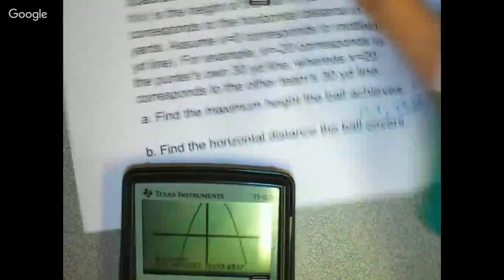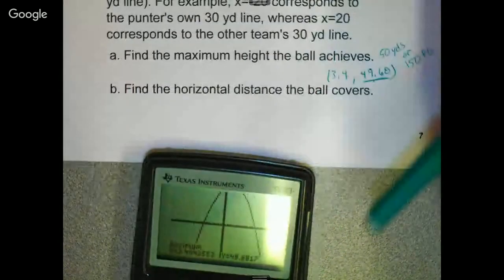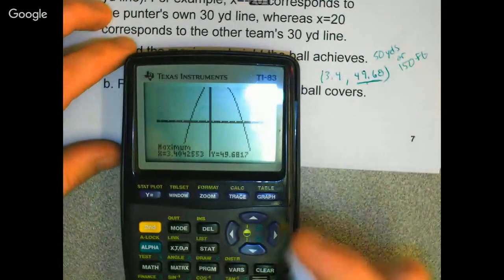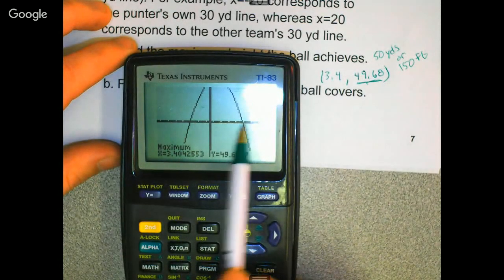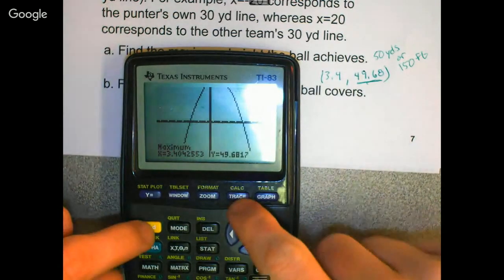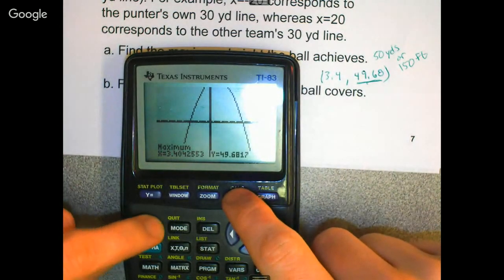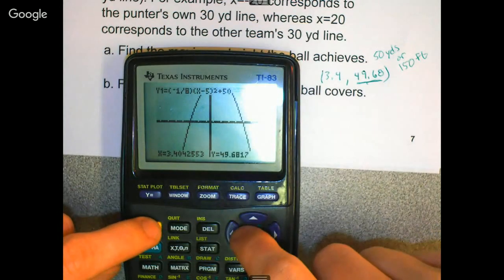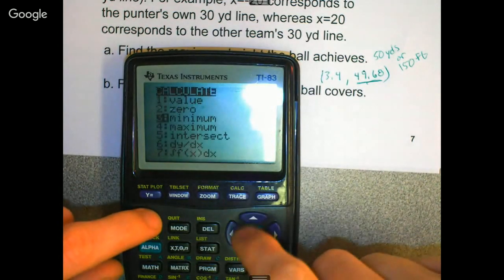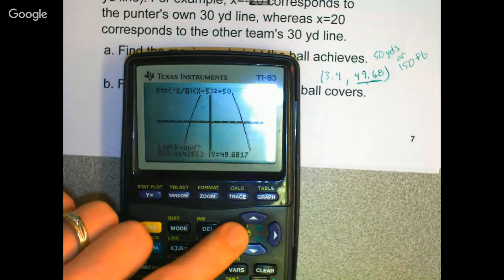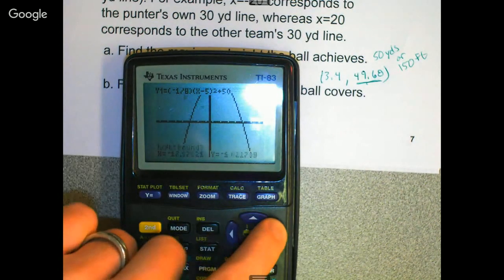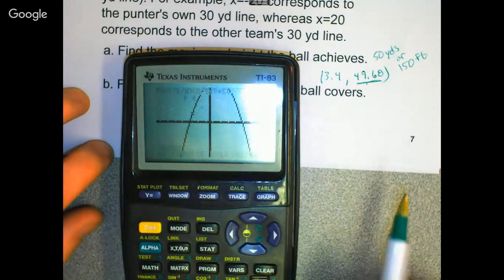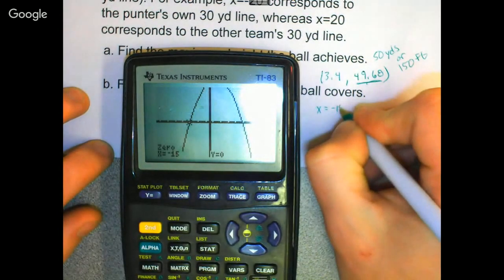Okay, find the horizontal distance the ball covers. So if he starts kicking here and ends kicking here, we need to know the x-intercept. So I can find that from here too. So if I calculate the zero, get on the left side of that zero, right side of that zero, it'll tell me that x is minus 15.